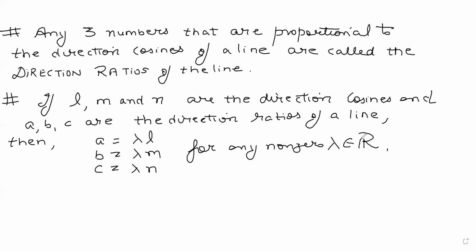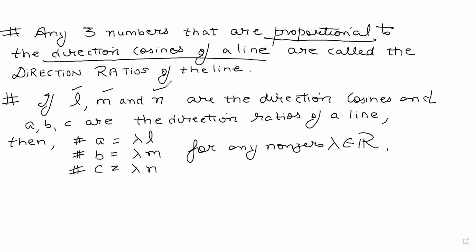So guys, you can clearly see that A, B, and C are called the direction ratios because these direction ratios are proportional to the direction cosines L, M, and N.